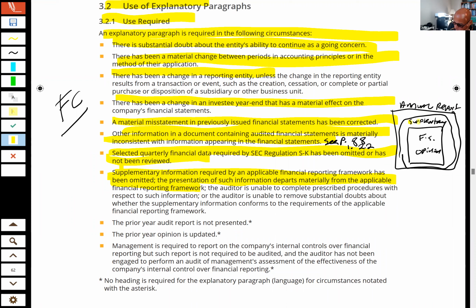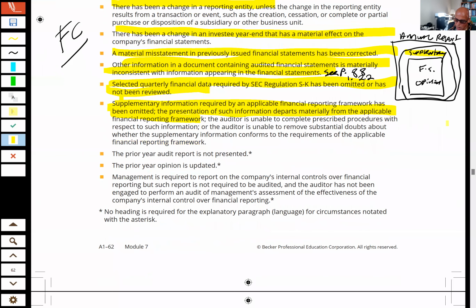So here they're talking about what? This information, right? So again, our opinion does not extend beyond the financial statements, but if we start seeing problems, it will affect our opinion on the financial statements with this explanatory paragraph, okay?